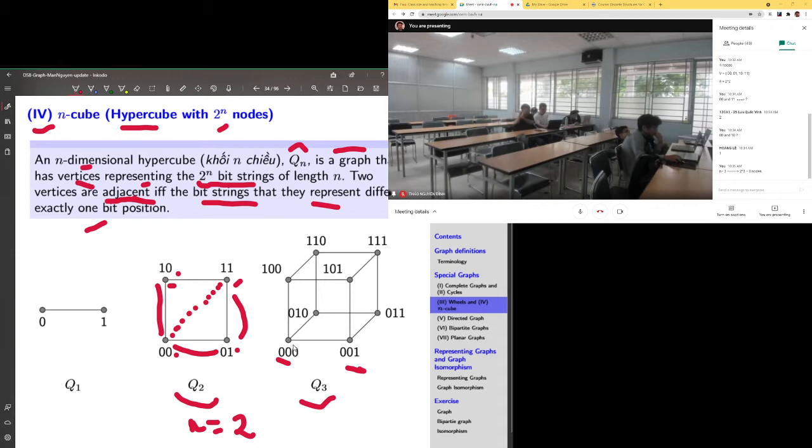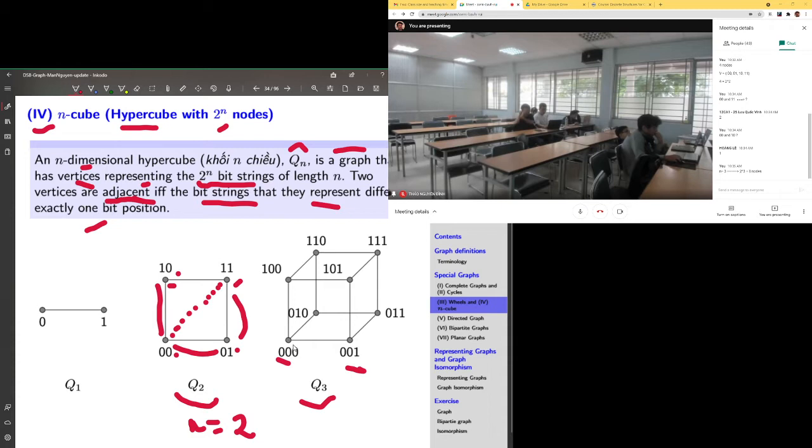How many bits are different between the two, not like this one? You observe and you get number 2. So therefore, that's easy, okay? Now we consider any n.